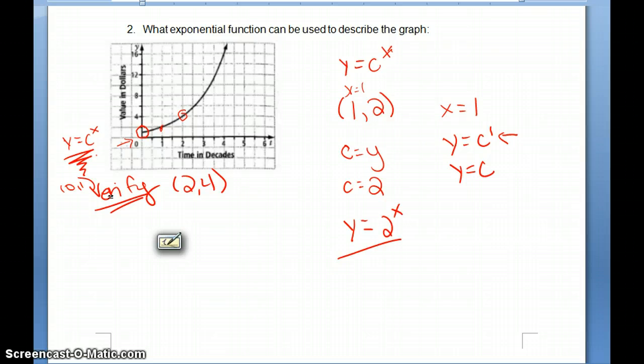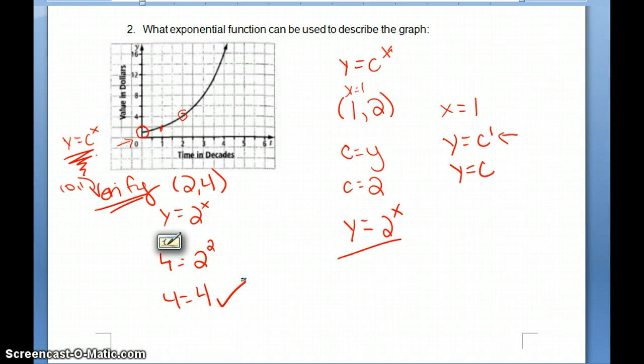Pick one that is somewhere on that graph that is not 0 and 1. So here we have 2 and 4. Here we have y is equal to 2 to the power of x. 4 is equal to 2 to the power of 2, and 2 squared is simply 4.